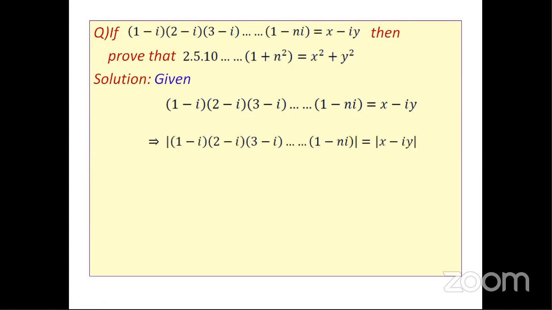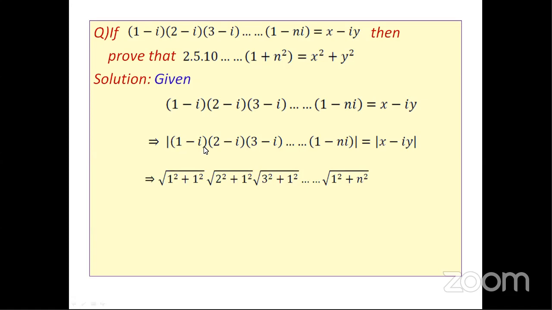Now, for this problem, we will apply modulus on both sides. Then when you take modulus of each term on your left-hand side, first we will try to calculate. See the first one, 1 minus i.